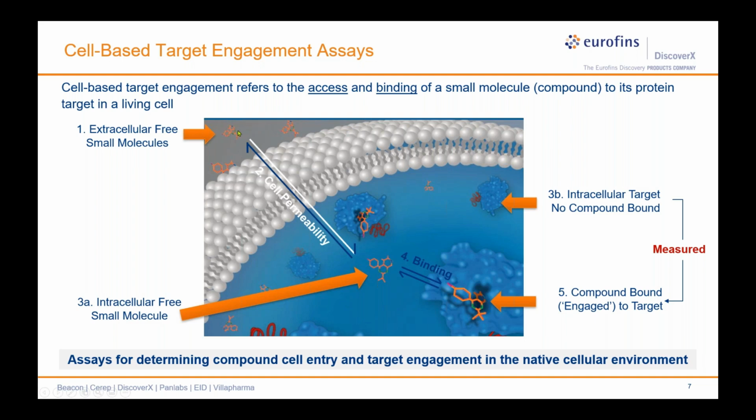They're allowed to equilibrate with the cell cultures. If these compounds are permeable to the cell, they will equilibrate to the intracellular space and have access to the target. And if they bind to the target, they will change the biophysical properties, which will be measured as part of the assay readout. So these assays give information both about binding of compounds to intracellular protein targets and also about cell permeability of the compounds.